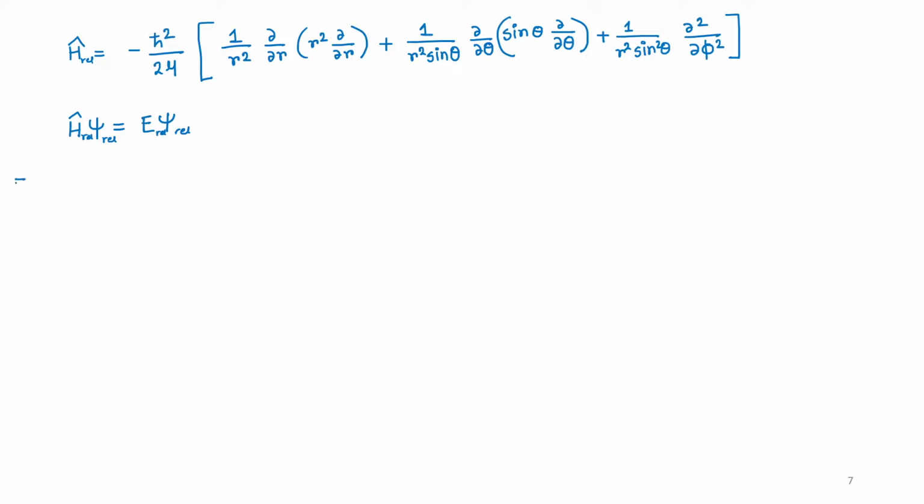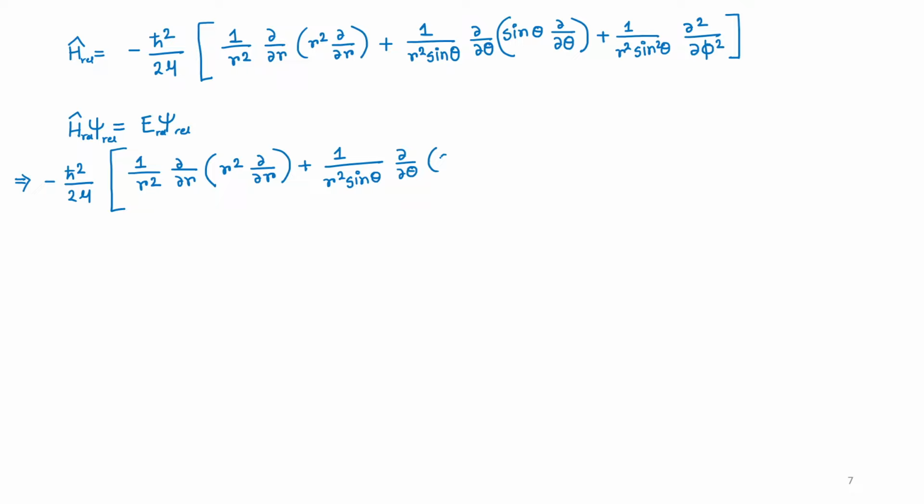So it is minus h cut square by 2 mu, 1 by r square del by del r of r square del by del r, plus 1 by r square sin theta del by del theta of sin theta del by del theta, plus 1 by r square sin square theta del 2 by del phi 2.